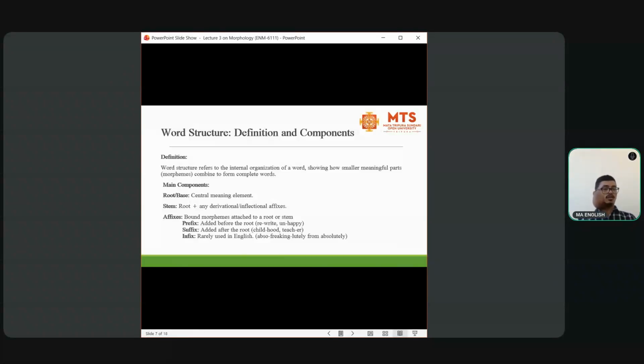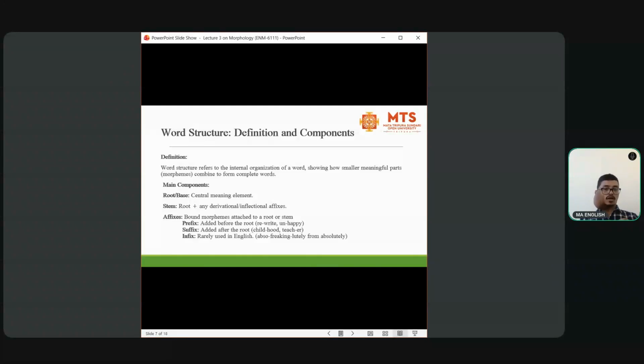Now, what is an infix? An infix is a morpheme that is inserted inside a base or a root. For example, from the English word absolutely, when you say abso-freaking-lutely.